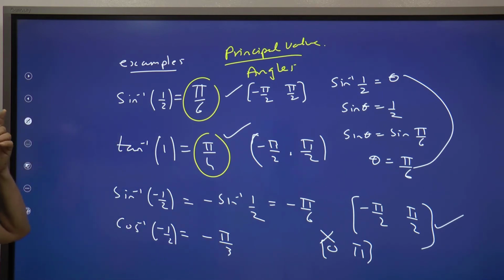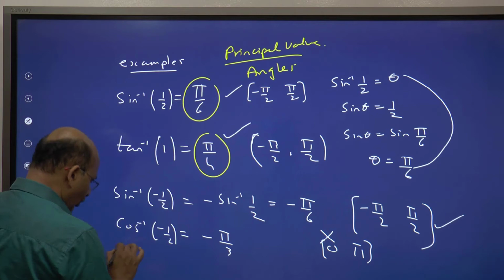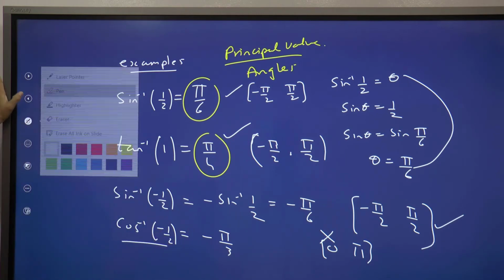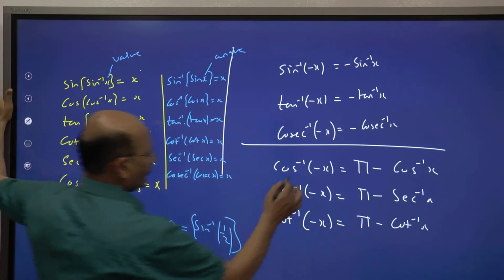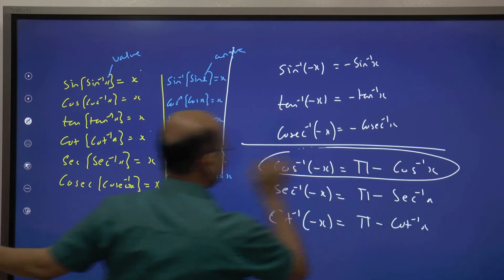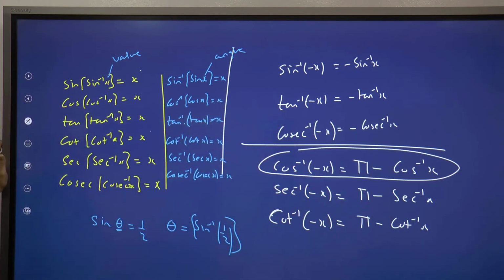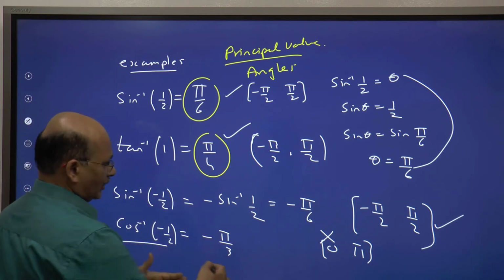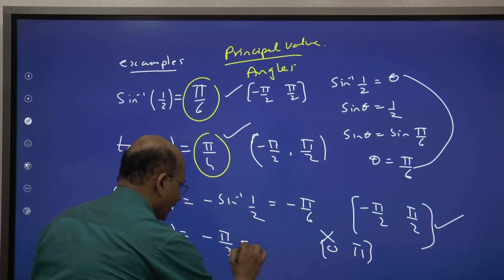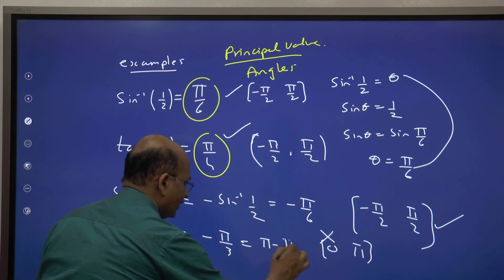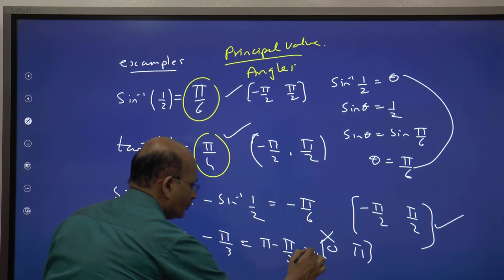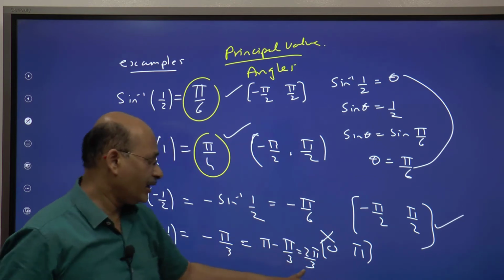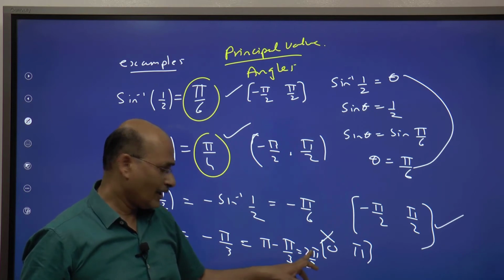So what I am going to do is use the formula I told you just before: cos inverse of minus x you can directly write as pi minus cos inverse x. Whenever the angle becomes negative, in short, if it doesn't fall in the principal value, get the equivalent angle by pi minus pi by 3, which is 2 pi by 3. Now 2 pi by 3, how much does it come to? 120 degrees.